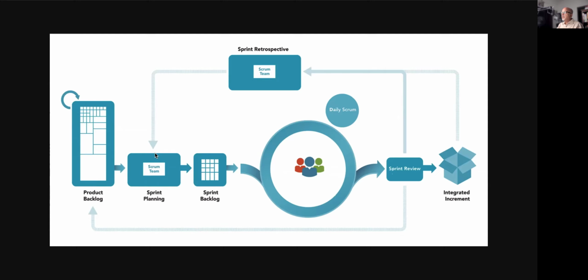And this cycle gets repeated till the entire functionality of the product gets converted into a working product. So that explains the Scrum framework, the quick introduction to the Scrum framework.